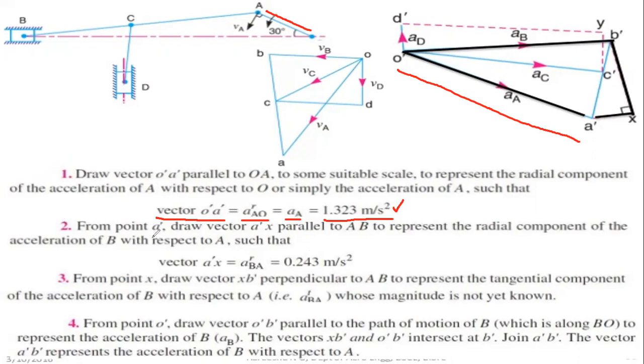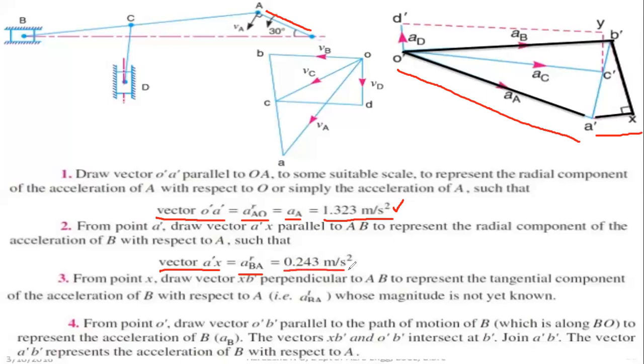Then from point A dash, draw the vector A dash x parallel to the line AB. So we draw the A dash x line parallel to AB to represent the radial component of the acceleration of B with respect to A. That is, vector A dash x is defined as the radial component of acceleration BA.